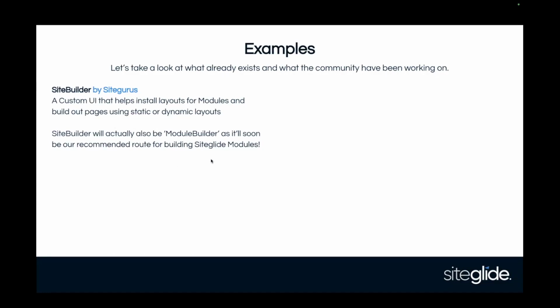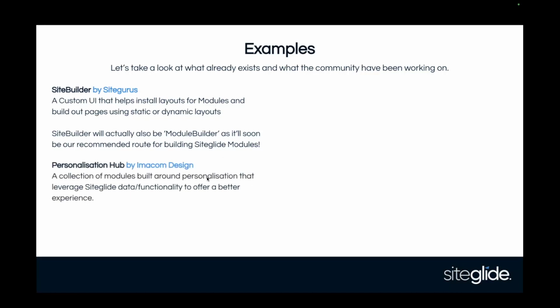Yeah, so I'll finish the presentation quickly, and then we'll jump across and have a look at a few of these examples. Something next up is the personalization hub. Helen from Imacom Design has shown this a couple of times, I think, and shared a couple of videos, but she's got a collection of modules that really help you personalize a website and the interaction with the customer.